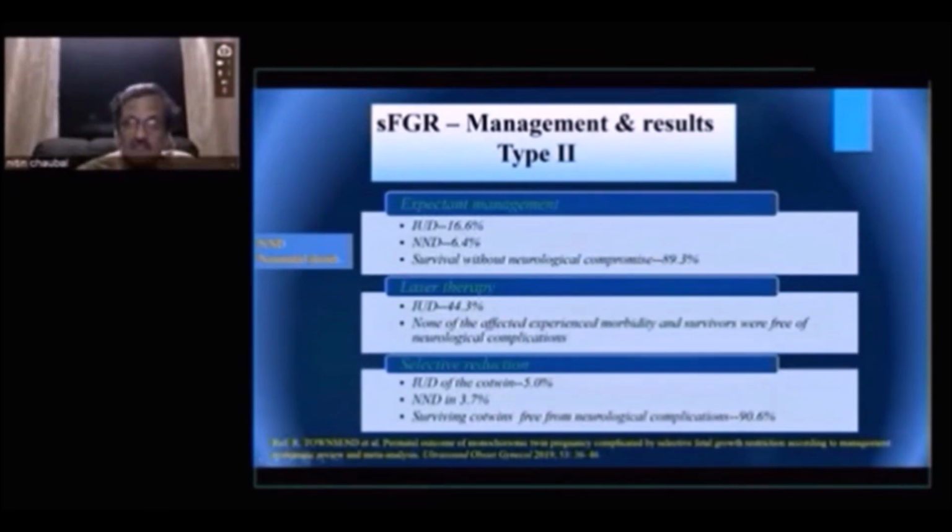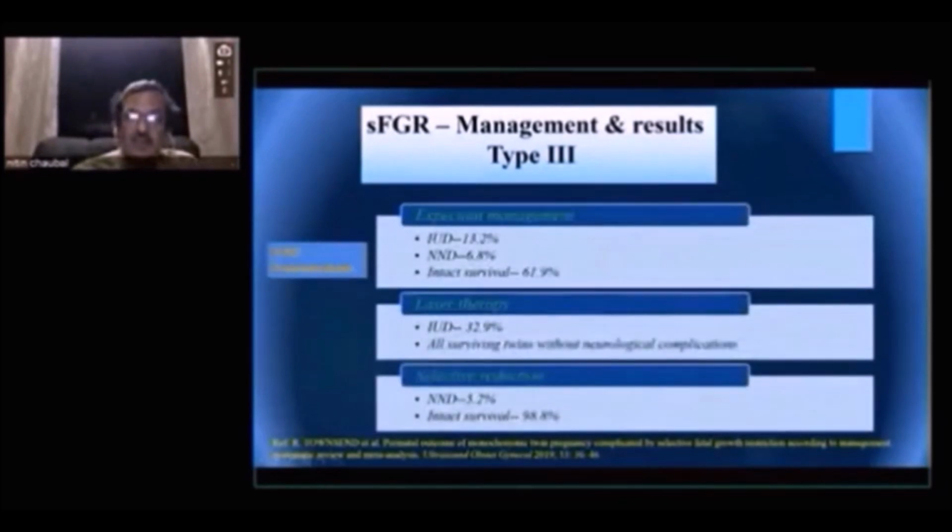And with selective reduction, of course, there was a risk of an IUD of the core twin also. With selective reduction, one fetus is already going to go, but in 5% they lost the other one also. But what is very encouraging is that the surviving core twin was free from neurological complications in 90%. In type 3, with an expected management, the intact survival dropped to only 60%.